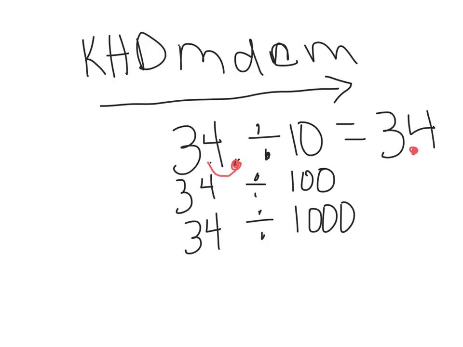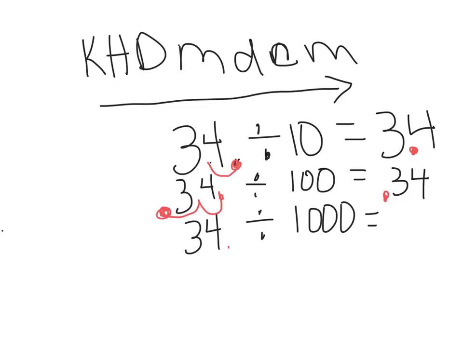What about if I'm dividing by 100? Well, my decimal's still hanging out there ninja style. And this one we have 2 zeros, so it's going to move 2 spots to the left. So it's going to get smaller. And if I divide 34 by 1,000, I have 3 zeros, so my decimal is going to move 3 spaces.